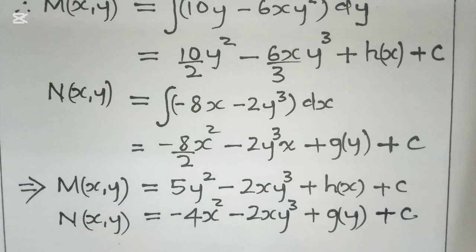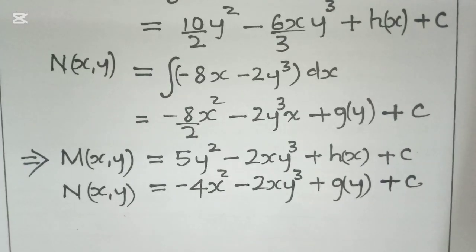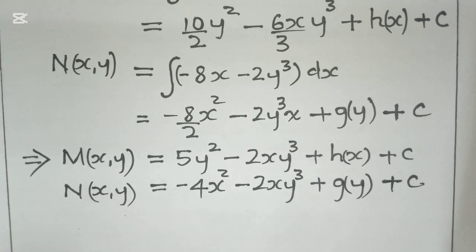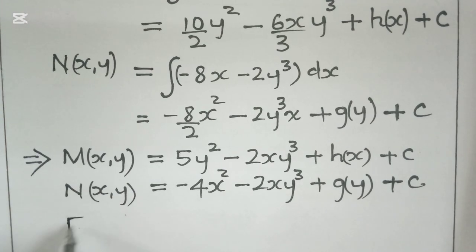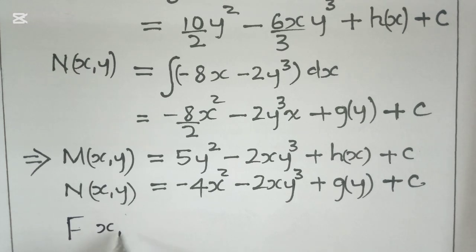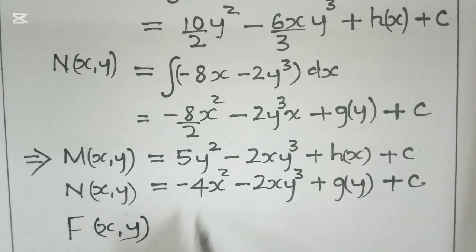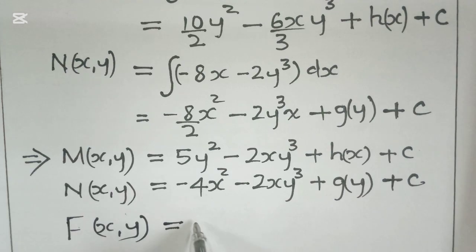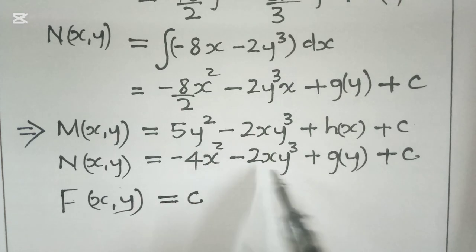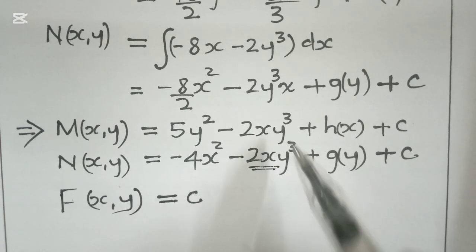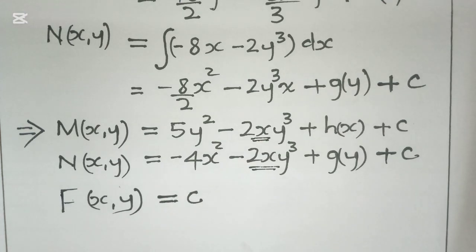Guys, as we have said, these are now supposed to be equal. And so, guys, we are supposed to compare them. And once we compare them, we are going to write our final equation, which is now going to be f(x,y), and this one, guys, is supposed to give us c. So guys, what we are going to do, we are going to compare this equation. We have here, this function is the same as that function, which is okay.